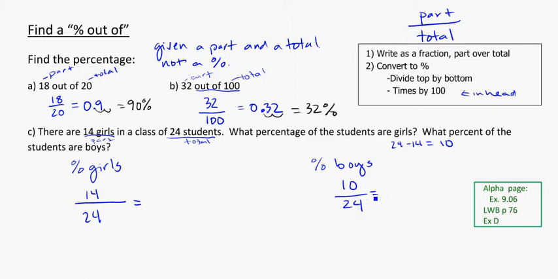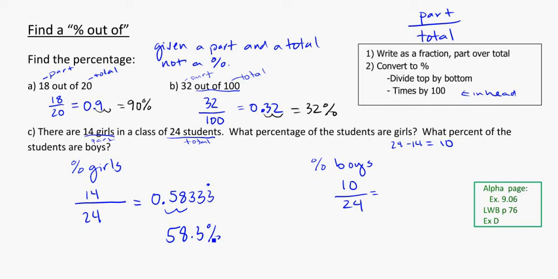So, if I put these into our calculator, for 14 out of 24, that is slightly more than half. So we might expect to get a number bigger than 50, and we get 0.58333 reoccurring. And so I might round that, after I convert it to decimal, by moving 2 spots, to 58.3%, roughly.